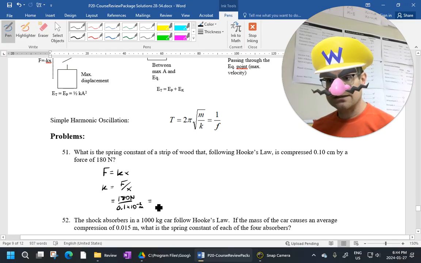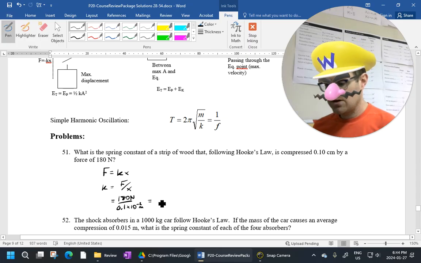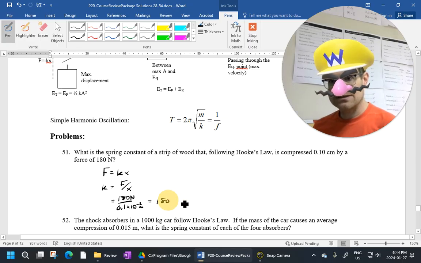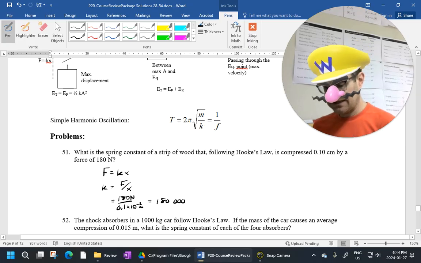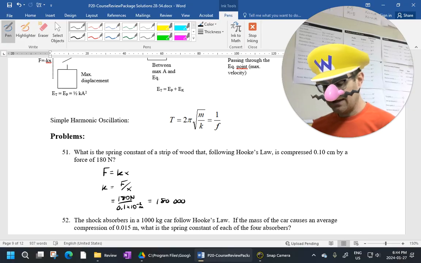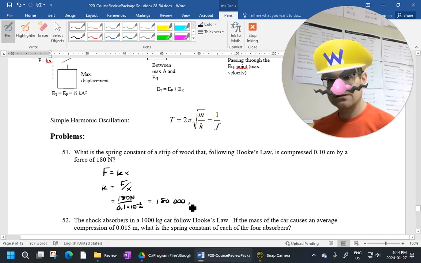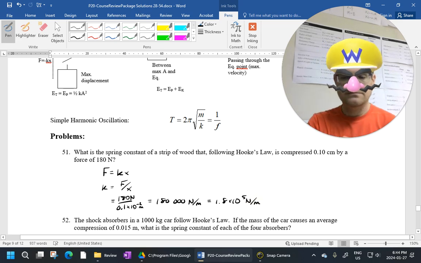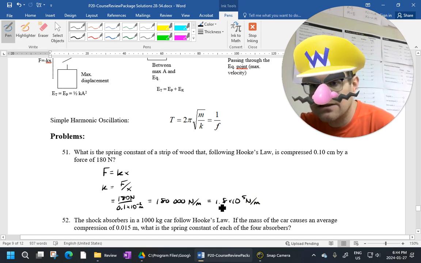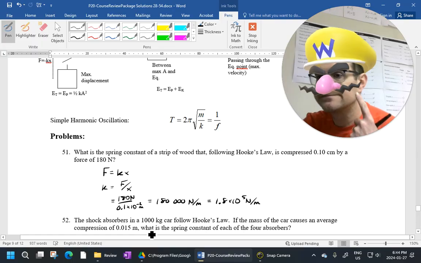So my spring constant is 180,000 newtons per meter. All right, so we've got to take that other number there, divided by 100, divided by that. So yeah, 180,000 newtons per meter. Let's put that in proper sig digs: 1.8 times 10 to the 5 newtons per meter. It's a spring constant. There's no direction to it. It's a scalar quantity.